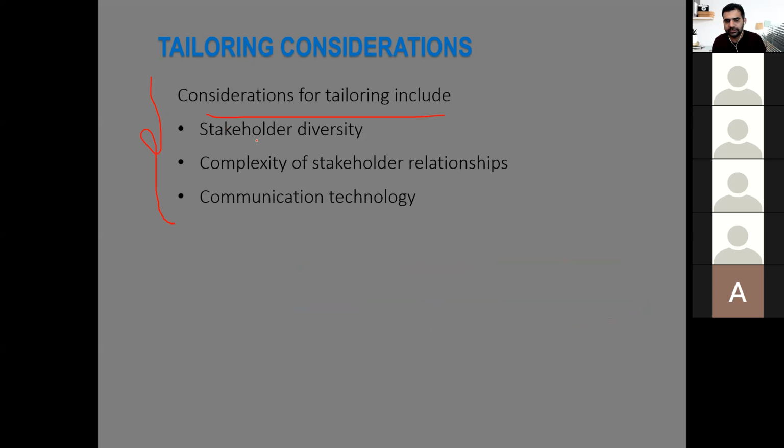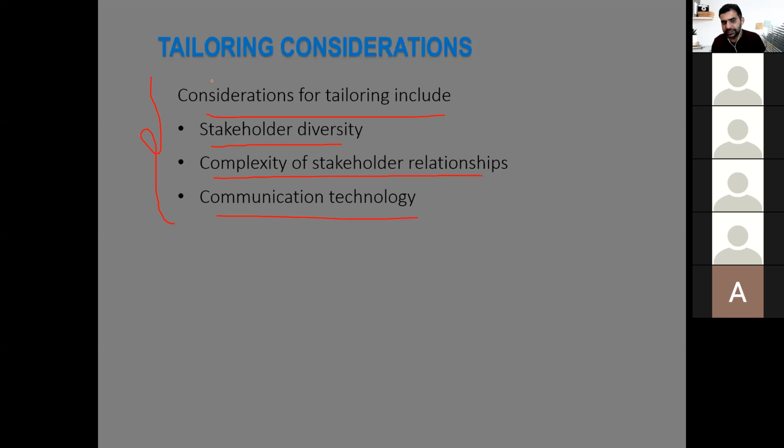Considerations for tailoring include stakeholder diversity, complexity of stakeholder relationships, and communication technology. These are factors you should think about when tailoring your stakeholder engagement approach. How diverse are your stakeholders? Especially in New Zealand, with bicultural partnership, and nowadays many cities have become multicultural.